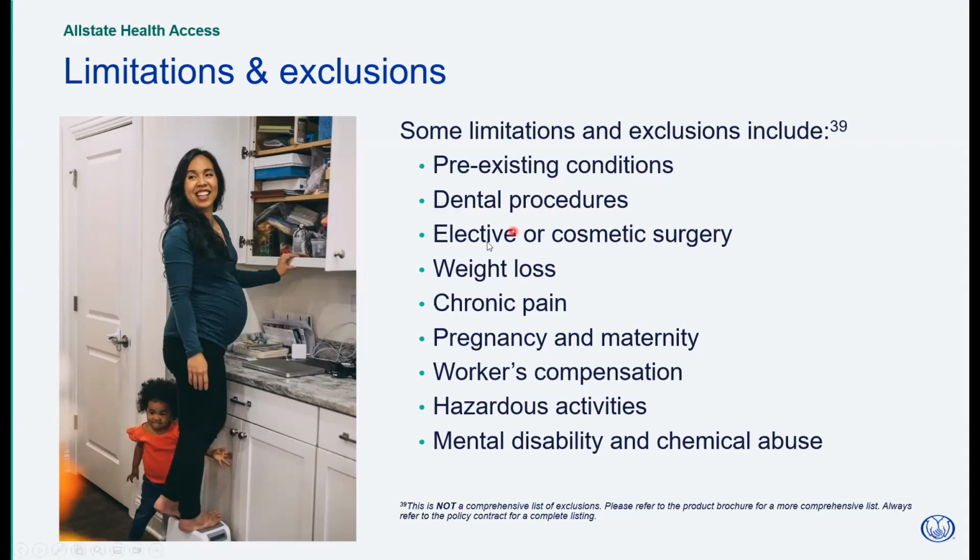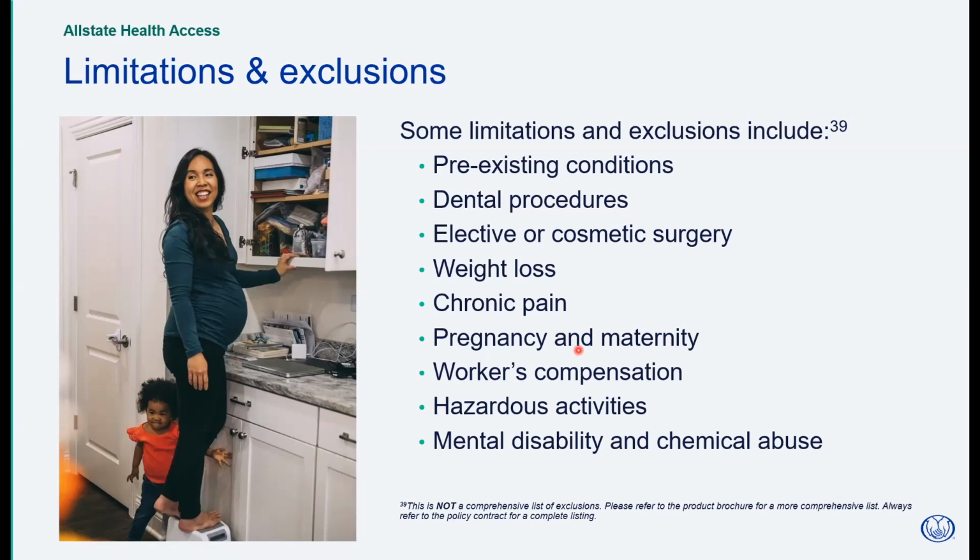Dental procedures are not covered, cosmetic surgery, weight loss, chronic pain, pregnancy, and maternity. So this one here, I just want to point out, regular pregnancies and maternity is not covered. However, if someone has a complication to a pregnancy and requires an emergency cesarean, that is actually considered a tier 1 surgery and it is covered.